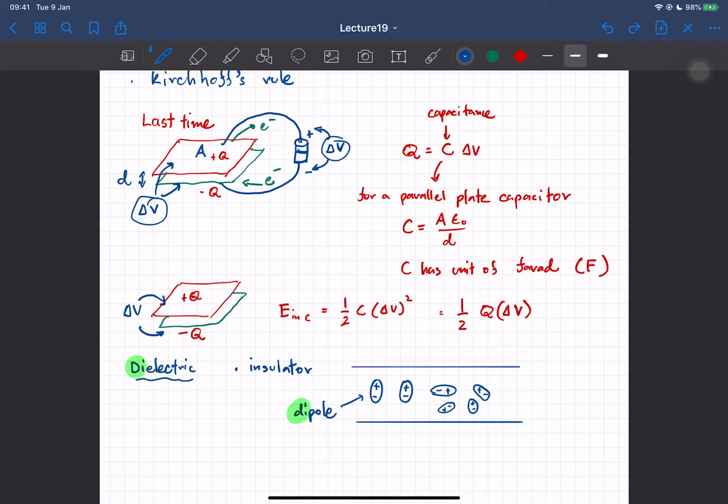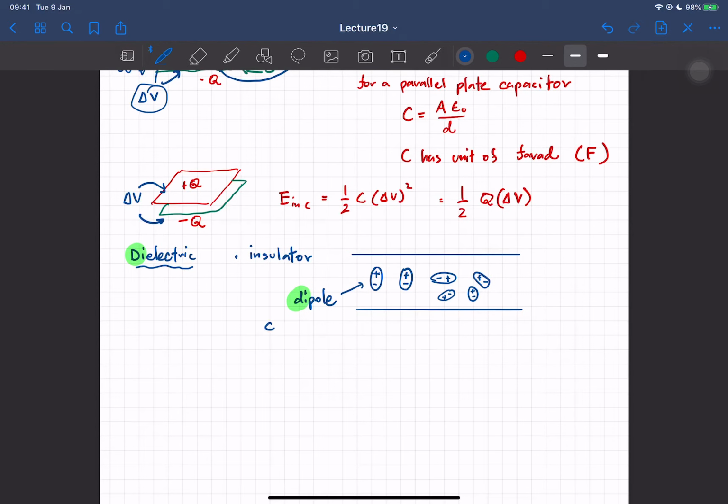So the best it can do is move positive charge to one side and negative charge to the other side by rotating the dipole. The dipole itself is not allowed to move around, because otherwise it would be a conductor, which we know it is not. So we say the dipole here can rotate but not move.